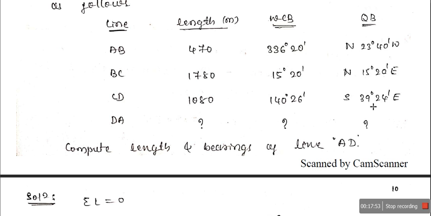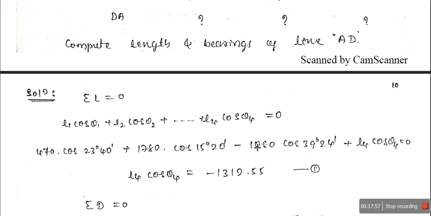In the second quadrant the latitude value is negative, so that's why I am using the negative sign here, because I am using theta in terms of quadrantal bearing. If you are using theta in terms of whole circle bearing, you can directly use the plus sign only.